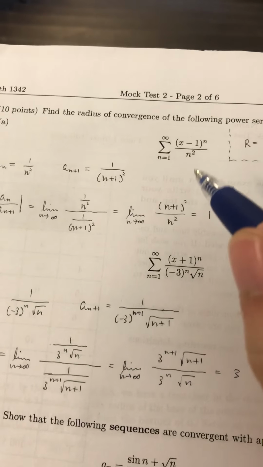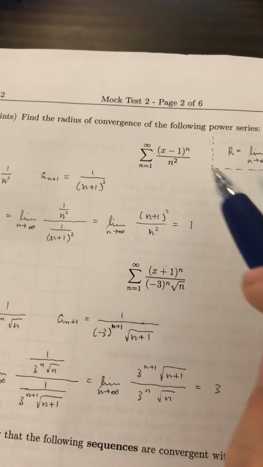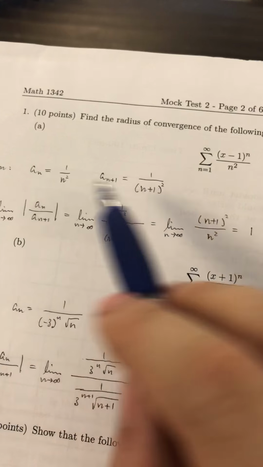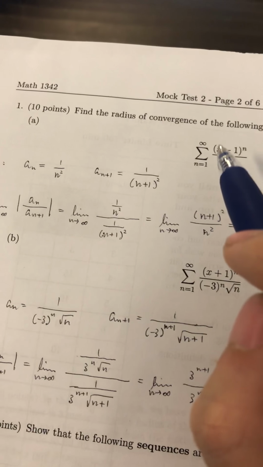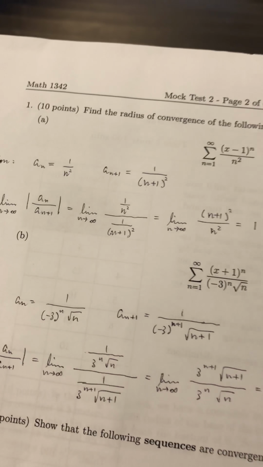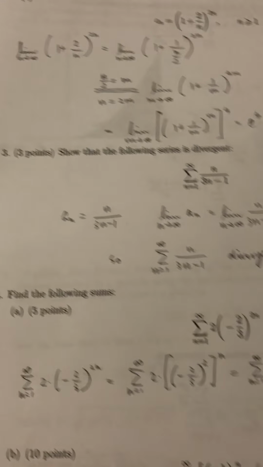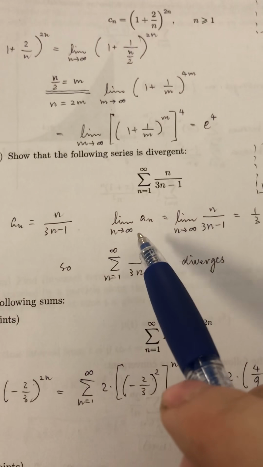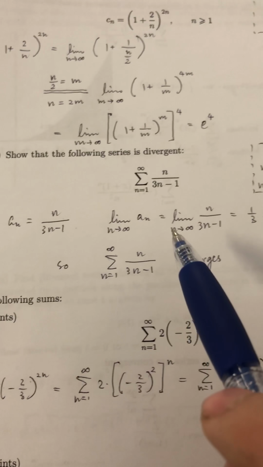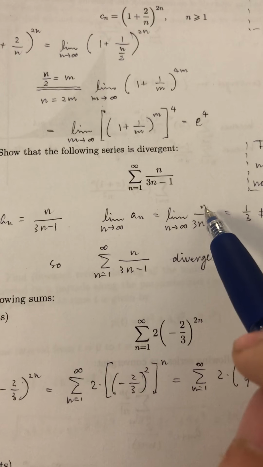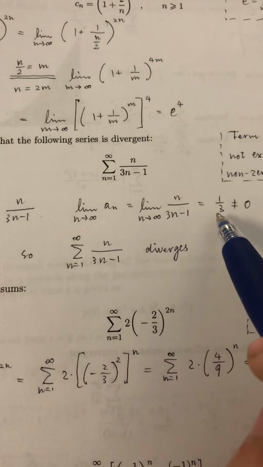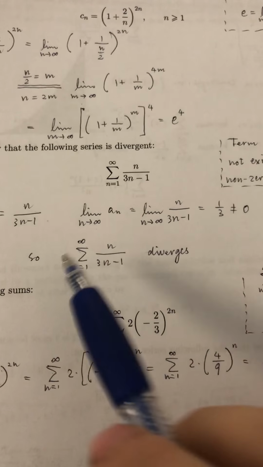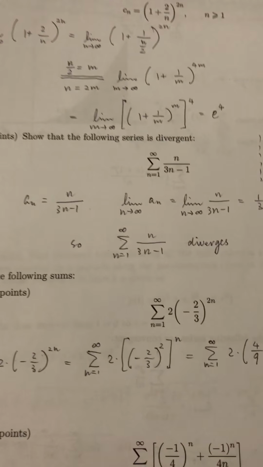But previously, when we were trying to find the radius of convergence, a_n was the coefficient of (x minus 1)^n. Remember the difference. Anyway, in this case, a_n is n over 3n minus 1, so the limit of a_n is equal to the limit of n over 3n minus 1, that is equal to 1/3, which is not 0, so the series is divergent.